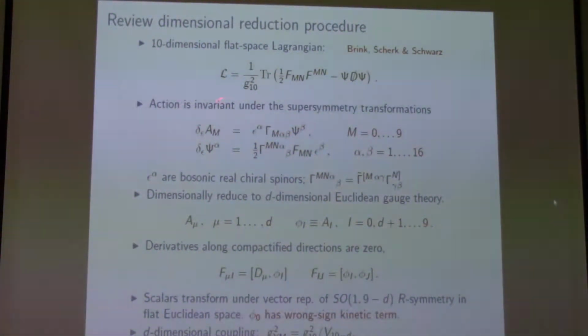The transformation of the vectors is just epsilon times gamma psi, where epsilon is a bosonic real chiral spinor. If the index is up, it's one chirality, say a spinor with positive chirality. If the index is down, it's with negative chirality in 10 dimensions.